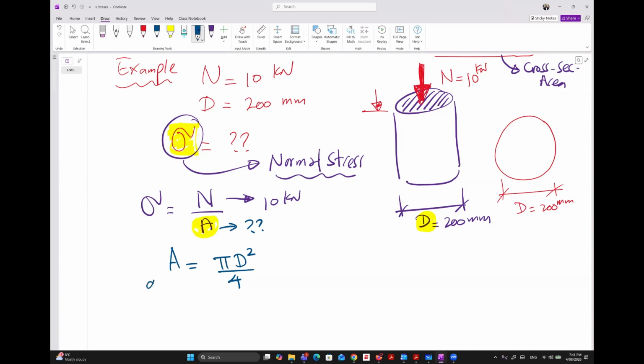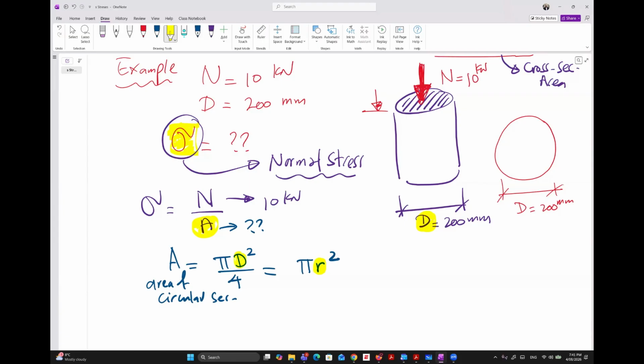Okay, so this is the area of a circular section. So pi times the diameter squared divided by 4. Which is similar to what Karen said, pi r squared. So what is the difference between this one and this one?